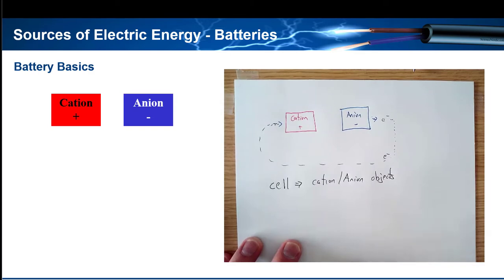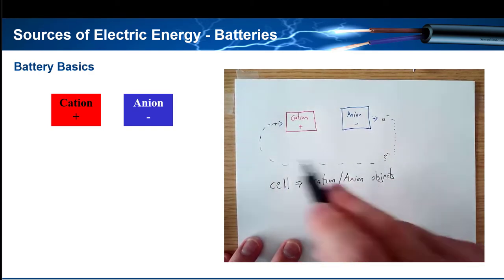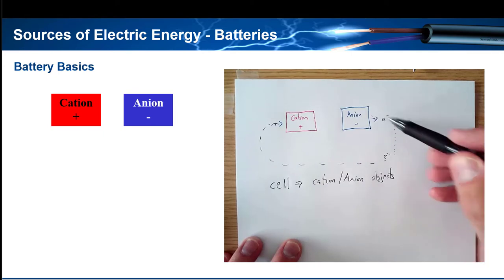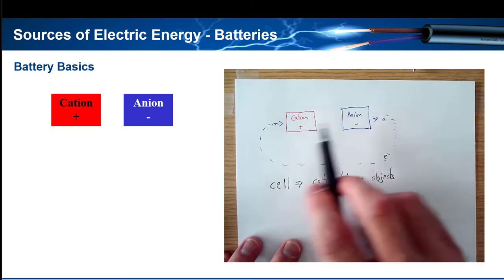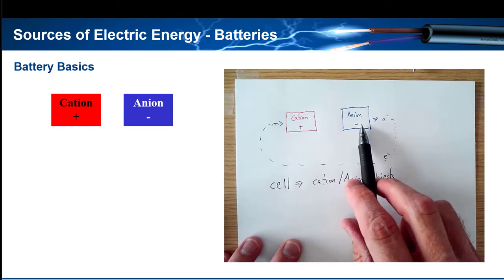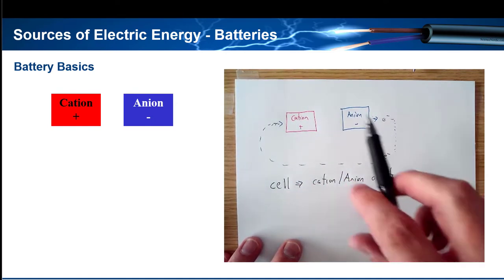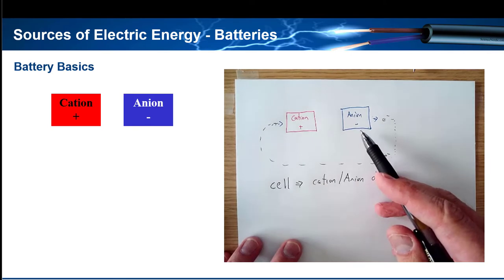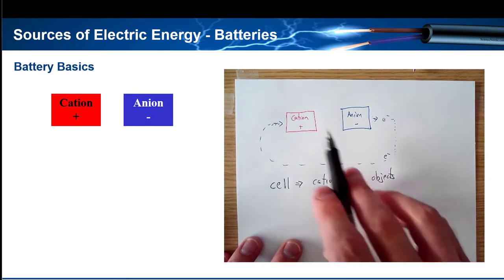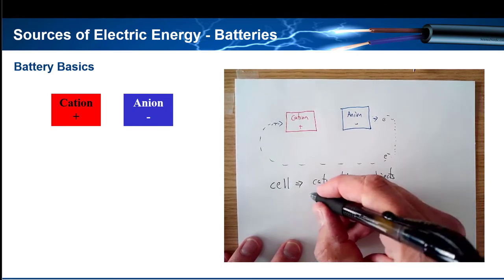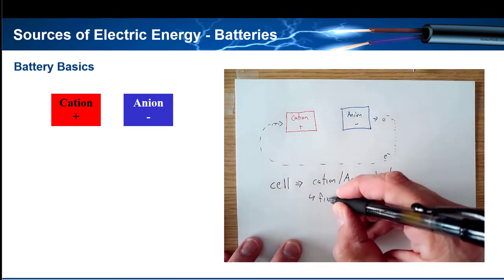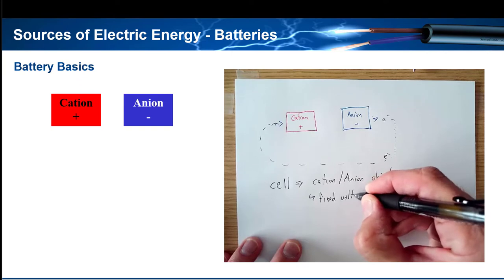Okay, and a cell represents, you can basically think about it where you're going to create a voltage and you're going to allow electrons to flow, and you can kind of tell that depending on the size of the materials that are used here for the cation and the anion, or just how many electrons they can give or take, they're going to be stronger or weaker. But what happens with cells is that they typically put out a fixed voltage, okay? And these voltages are not as high as you might think.